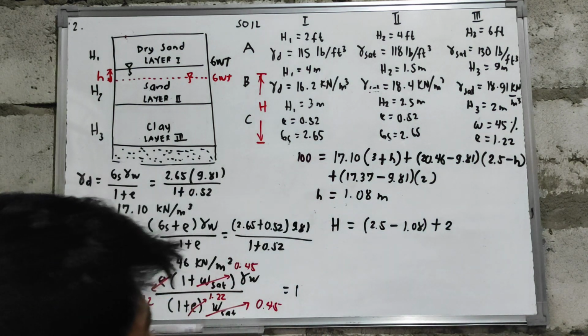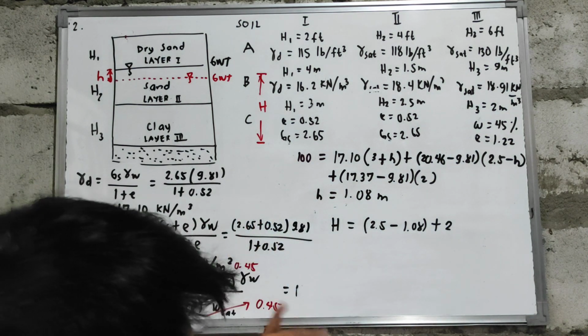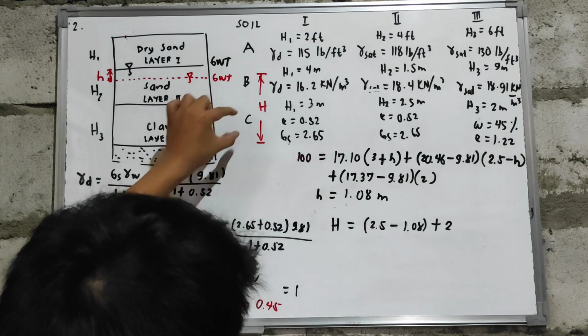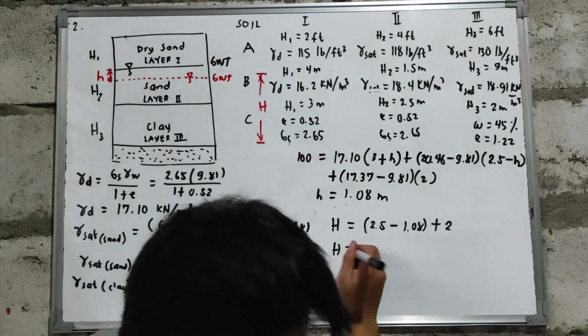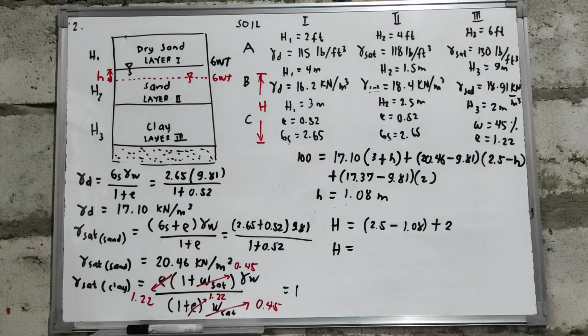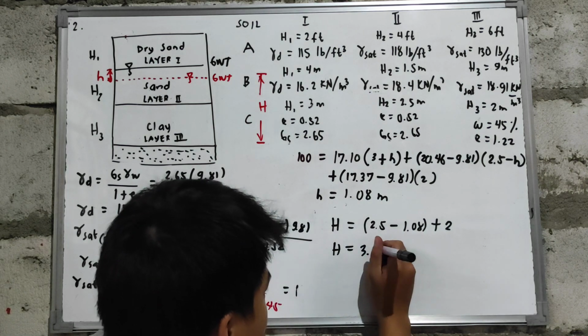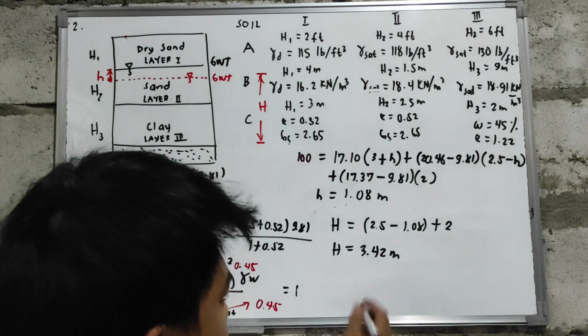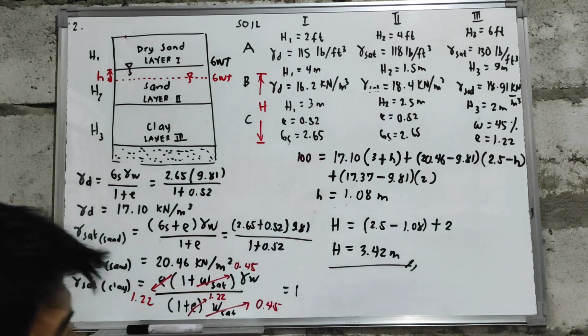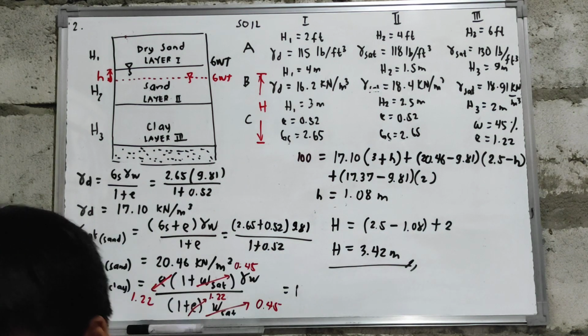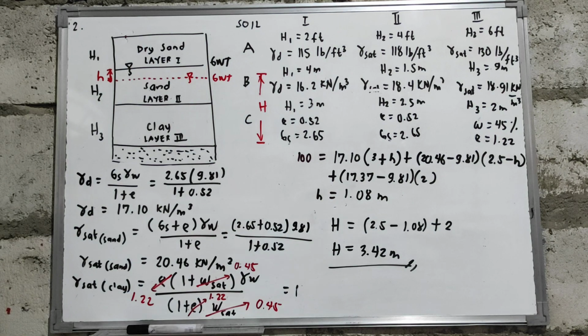So yung computation natin for letter B tsaka letter C, yung reference natin is soil C. So the value of our H is now equal to 3.42 meter. So ganun lang yung computation natin for problem number 2.